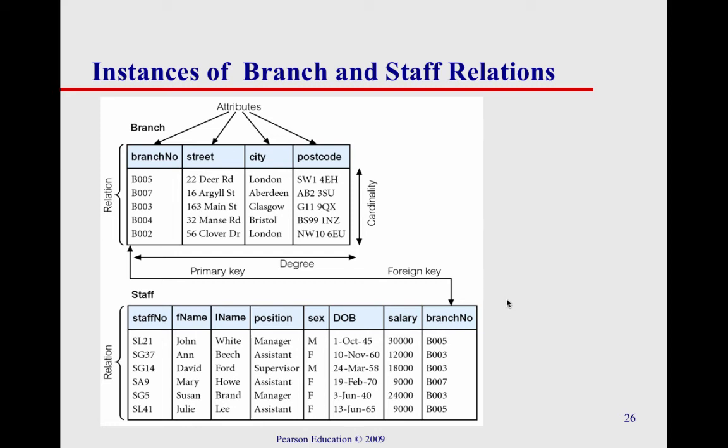And the formal name for that in the relational model is a relation. And what are the rows called? Tuples. And what are the columns? Attributes. Good.